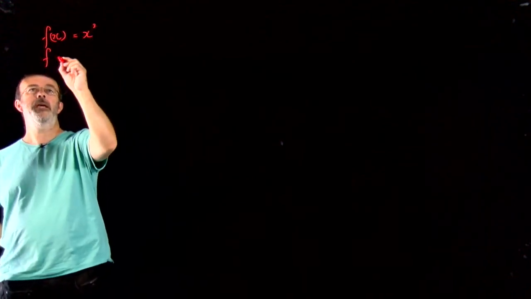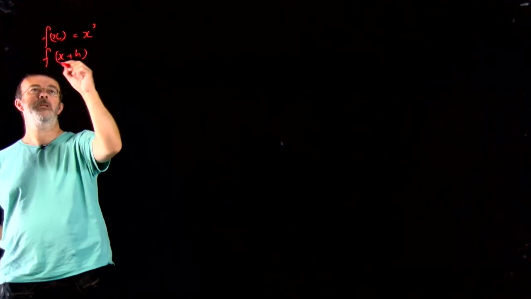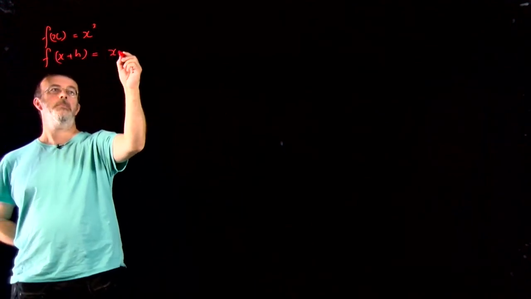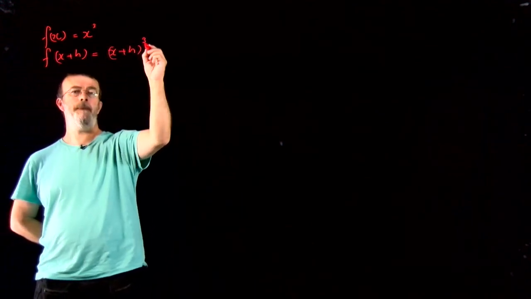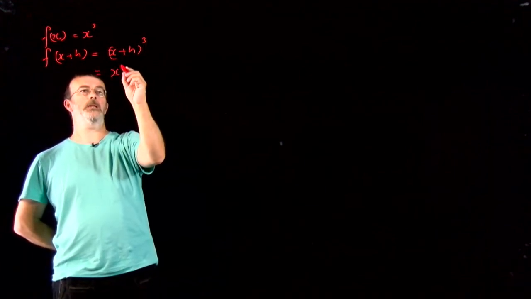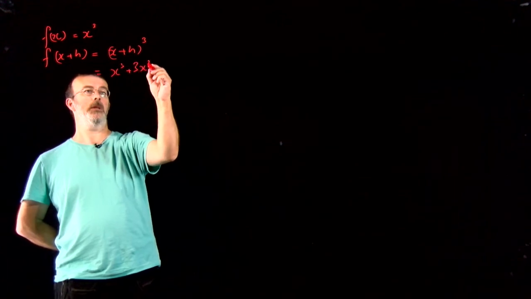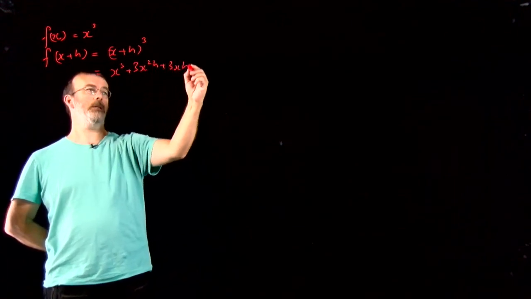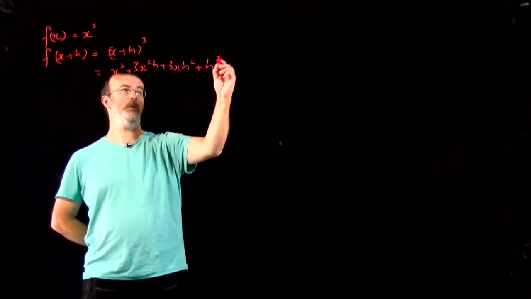So if we have f of x is x cubed, then f of x plus h is x plus h cubed, and that will be x cubed plus 3x squared h plus 3x h squared plus h cubed.